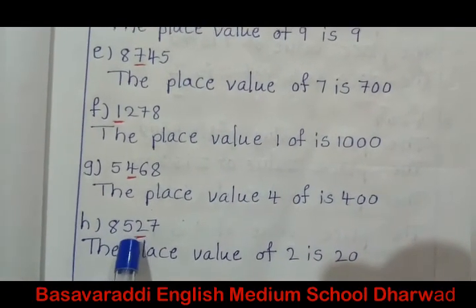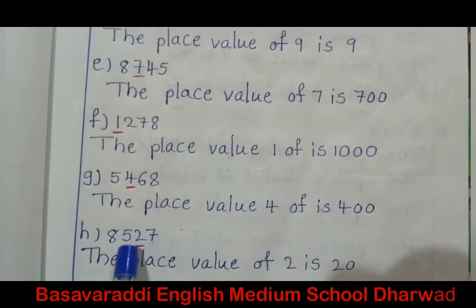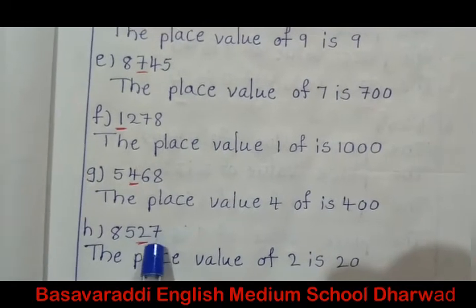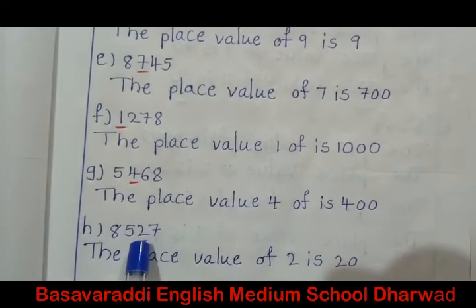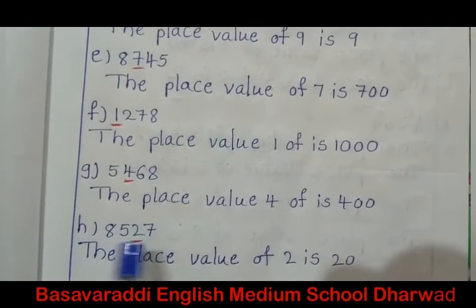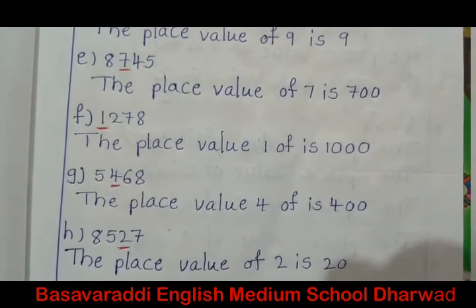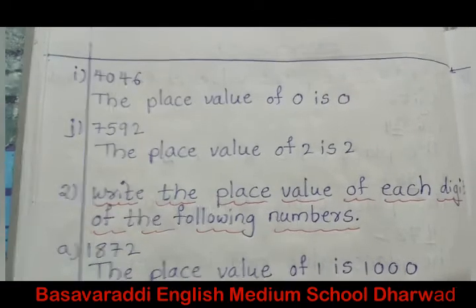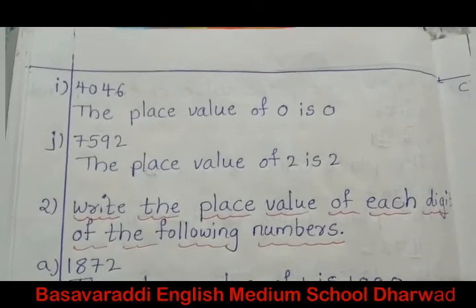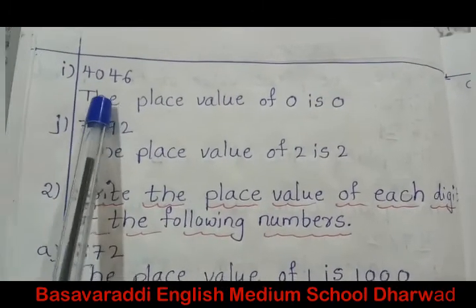H1, 8527. They are coloring the tens place, that is 2. We have to multiply by 10. So the place value of 2 is 20. 2 into 10. Now I1, 4046. Where they are coloring?